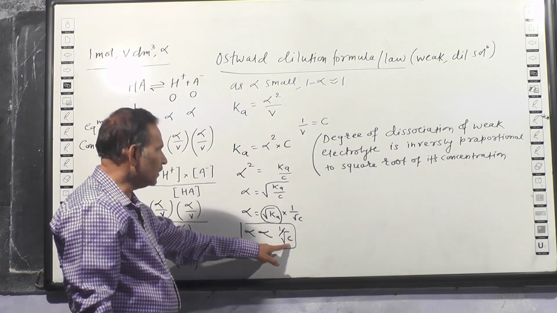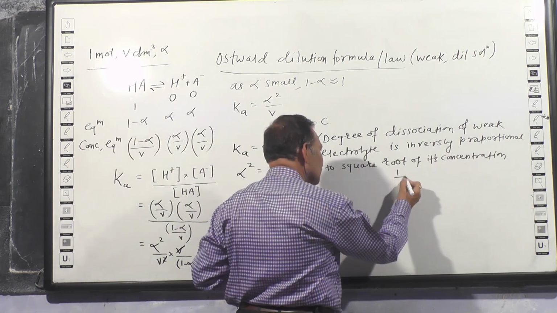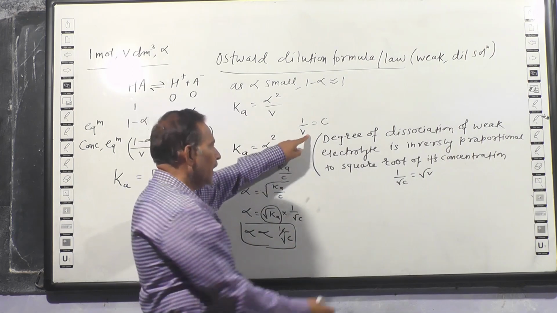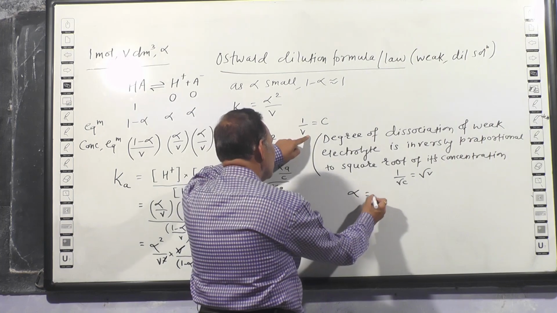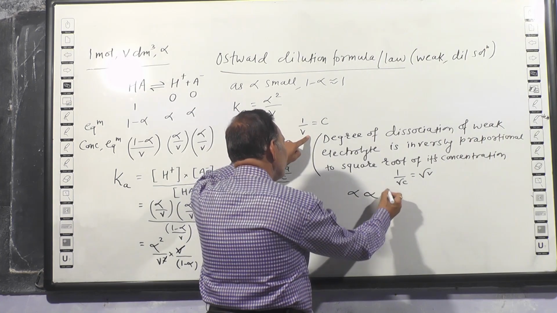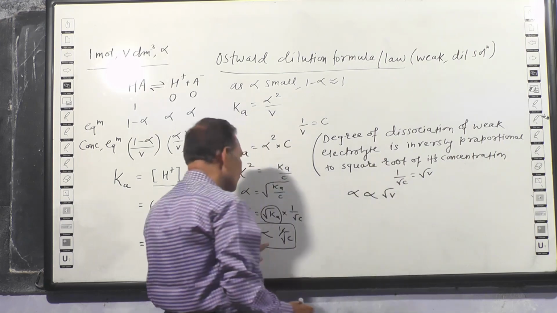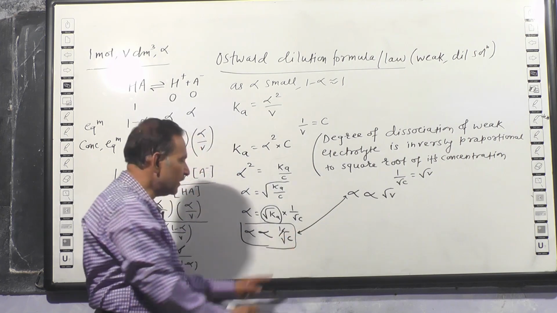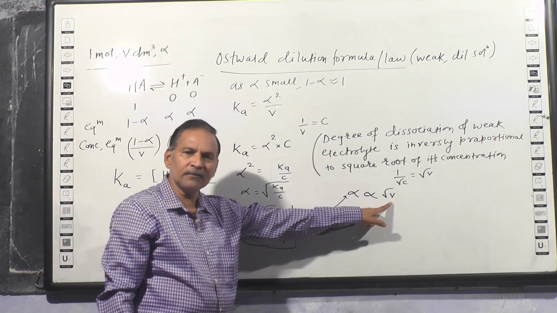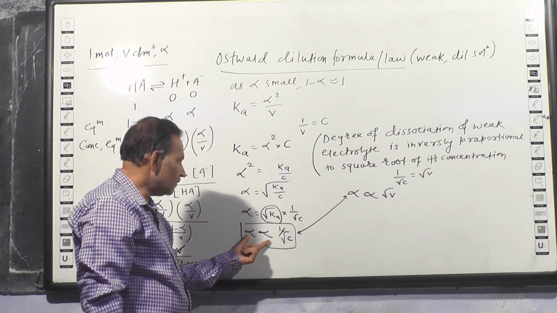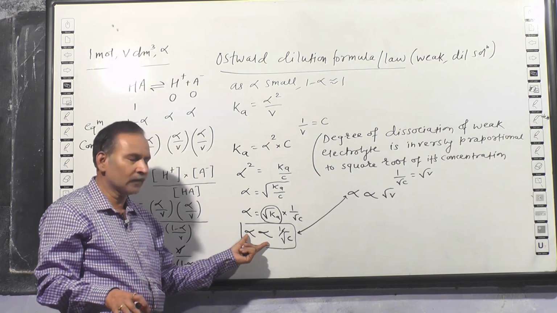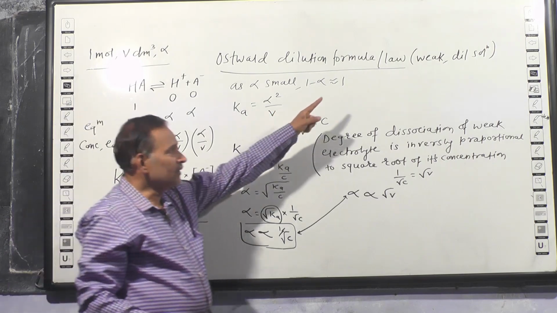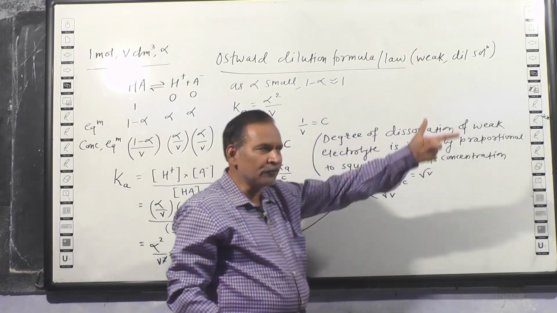Now instead of 1 upon root C, it can be replaced by root V also, and therefore one more formula: alpha is directly proportional to root V. So this and this are one and the same. It is in terms of concentration, and it is in terms of dilution. This mathematical statement in words can be written as: alpha is the degree of dissociation. We are considering a weak electrolyte because the law is applicable to weak electrolytes only.